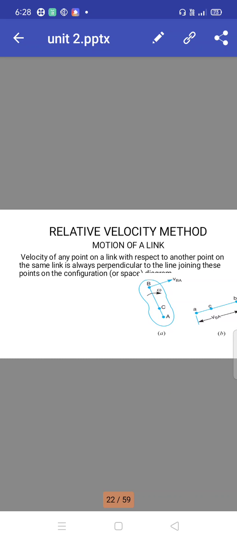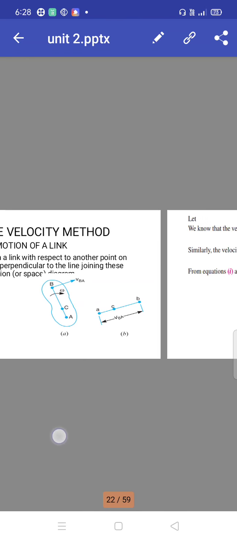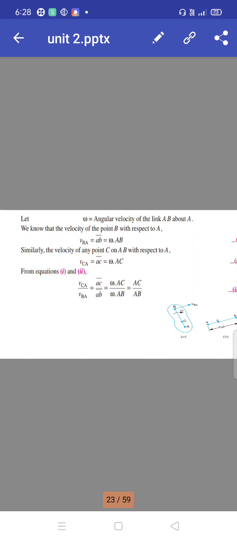Now the relative velocity method. For the motion of a link, the velocity of any point on a link with respect to another point on the same link is always perpendicular to the line joining these points. Let omega be the angular velocity of the link AB about A. We know that the velocity of point B with respect to A, VBA, is equal to AB times omega.